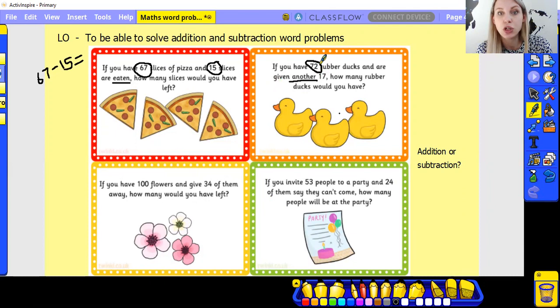I've got 72 and given, which means I'm getting more, 17. So I'm adding. It would be 72 plus or add 17. Then I can solve it on my number line, and I'll show you how to do that.